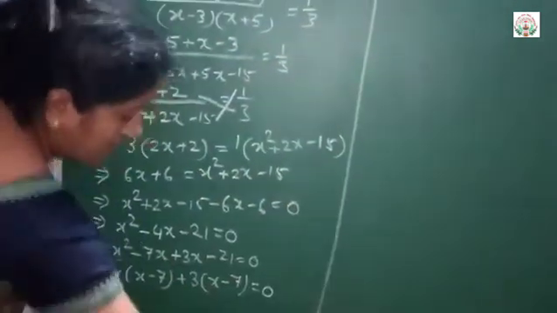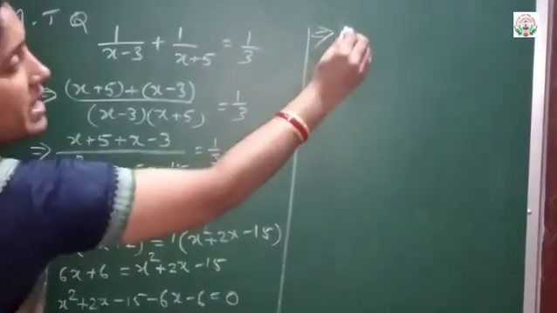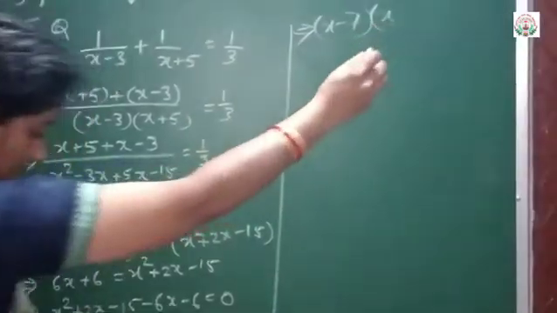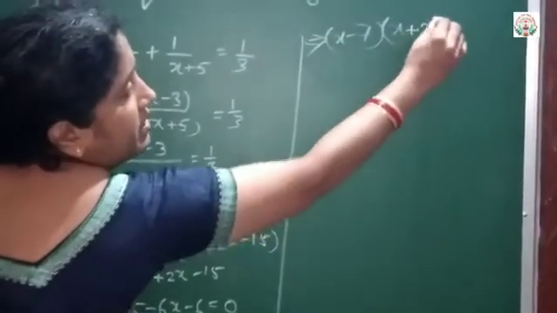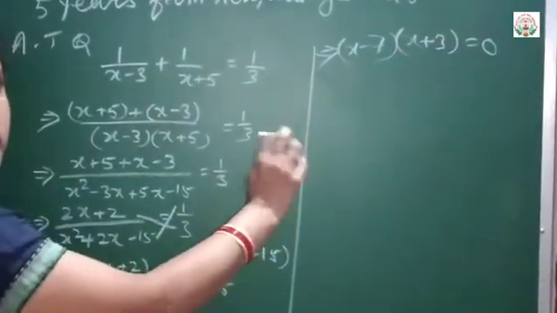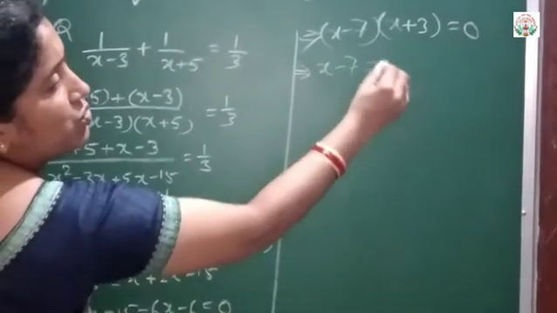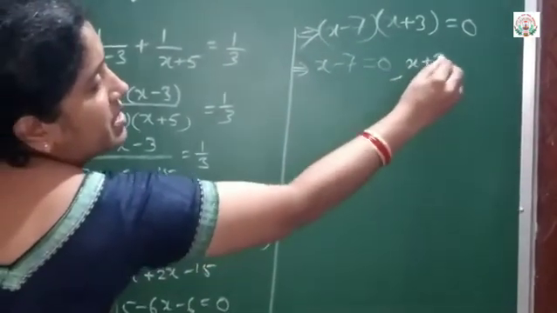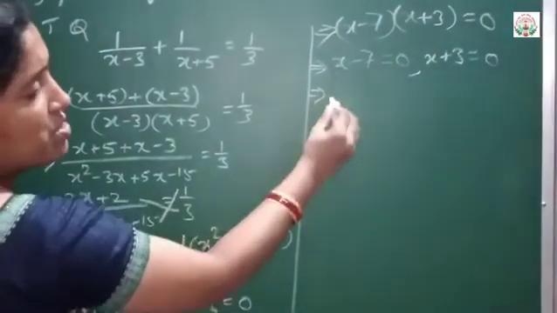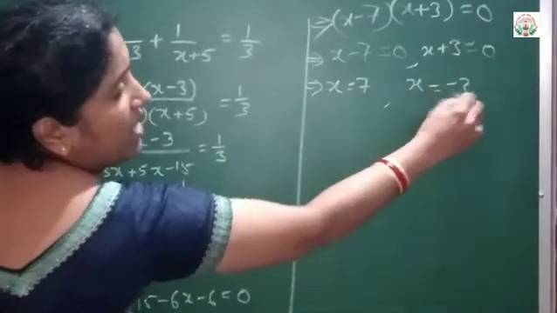Implies in these two terms what is common? x minus 7, and left out x plus 3 equals to 0. Now each term we will equate with 0. That is x minus 7 equals to 0 and x plus 3 equals to 0. Now transposing, we will get x equals to 7 and here x equals to minus 3.